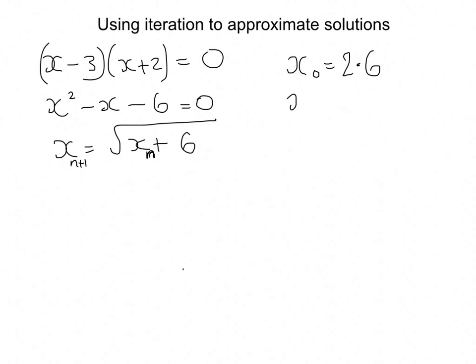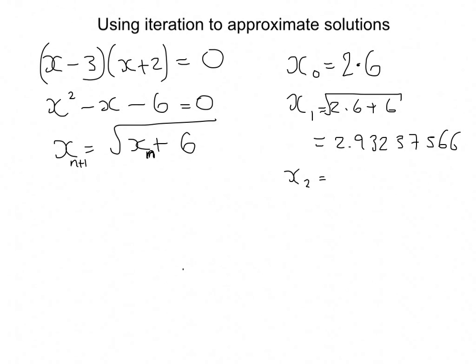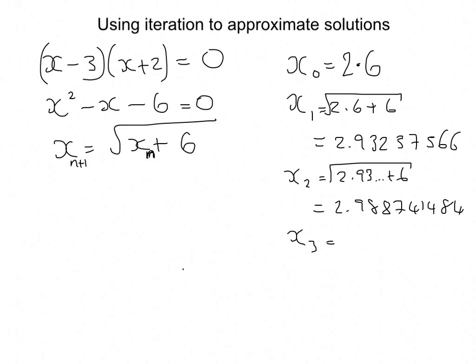Let's see what happens. x1 would be 2.6 plus 6 square rooted, which is 2.9325756. x2 is going to equal that thing, 2.93, etc., plus 6 square rooted, which is 2.988741484. x3 will be that thing, plus 6 square rooted, 2.998122994.